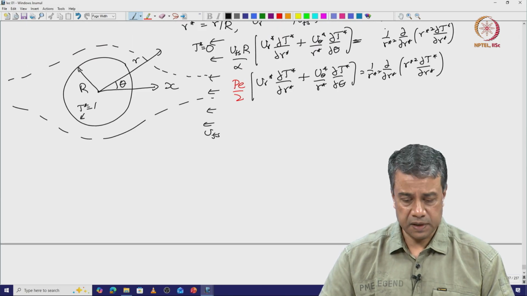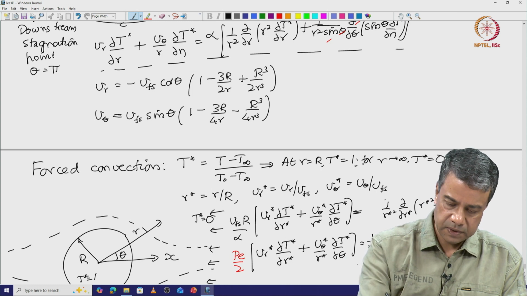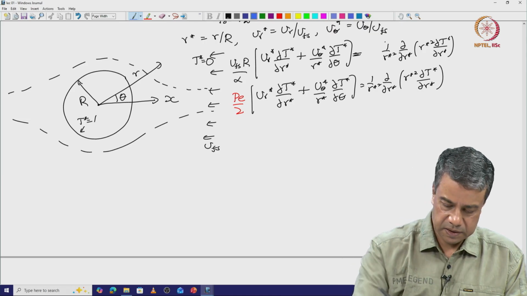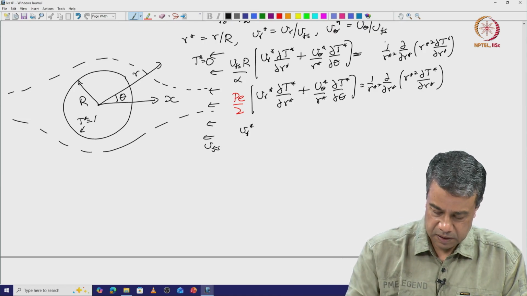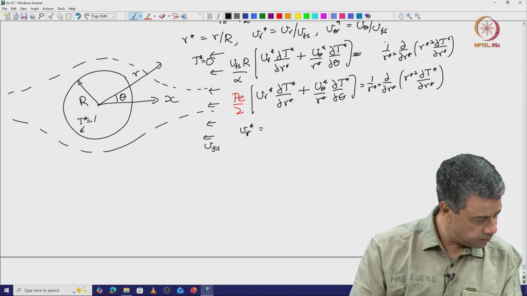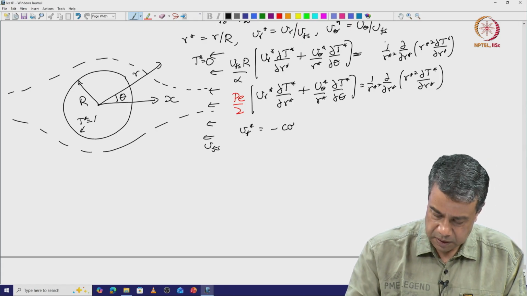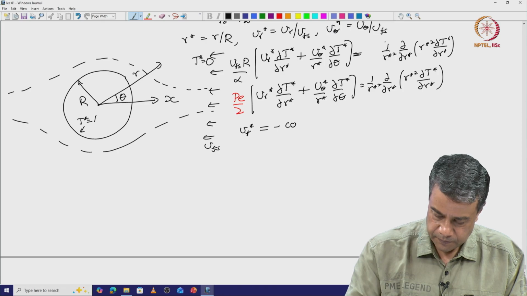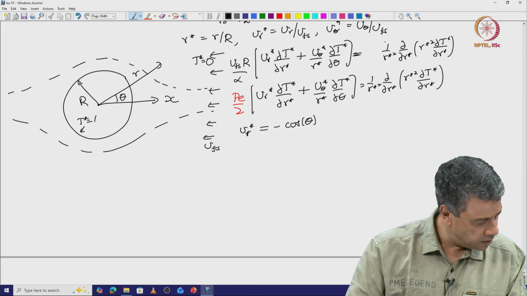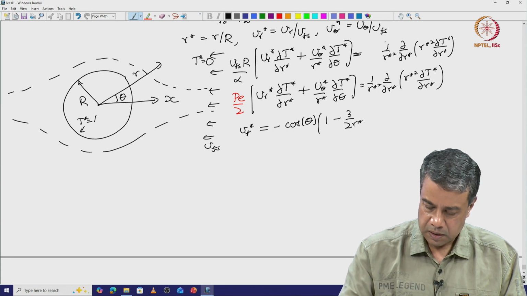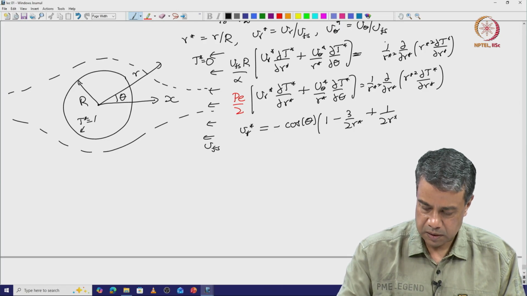Now, what are Vr and V theta? The dimensional velocities were given here, and you can use these to get the scaled velocities. I will just write the scaled velocities for you. Vr star is equal to minus cos theta into 1 minus 3 by 2 r star plus 1 by 2 r star cubed.